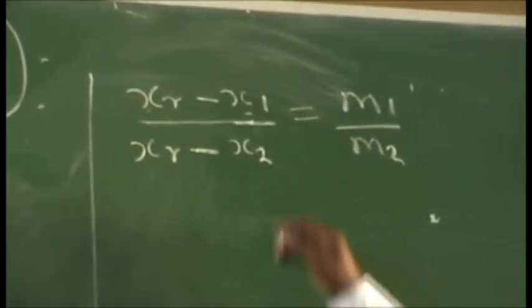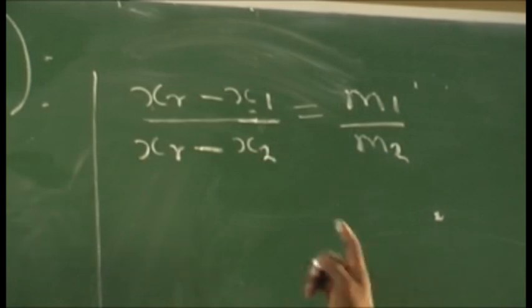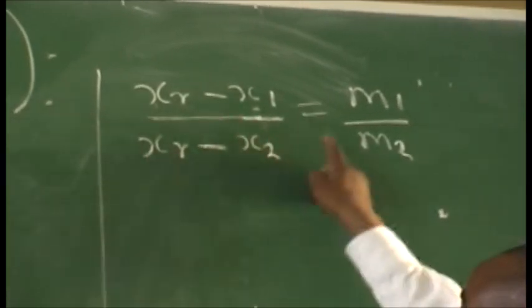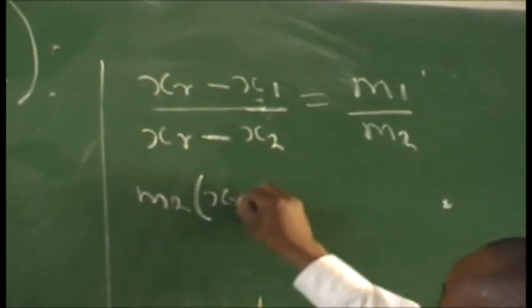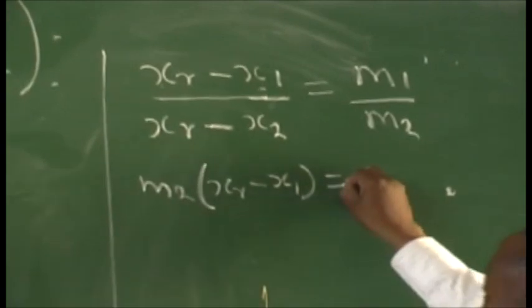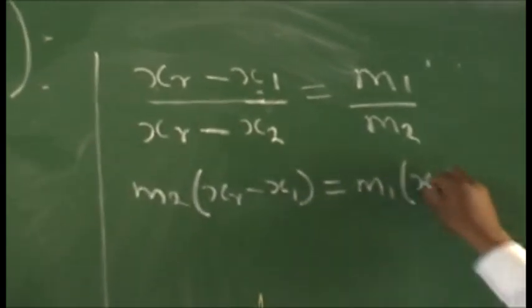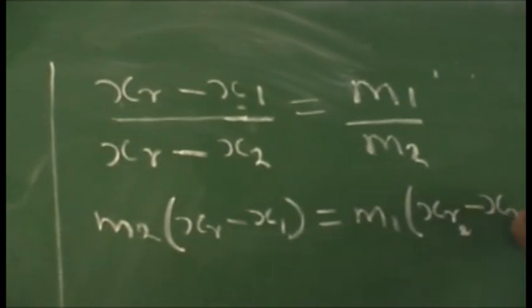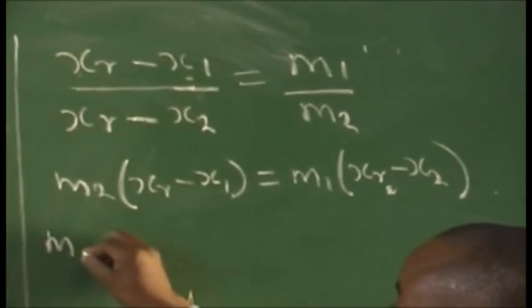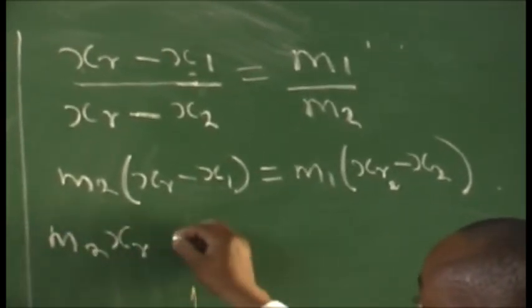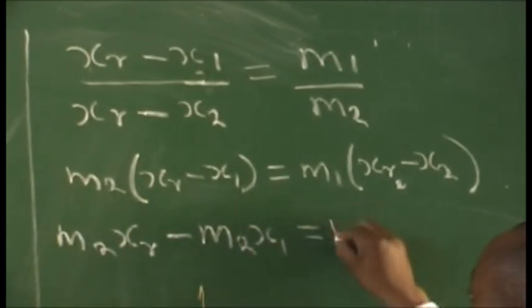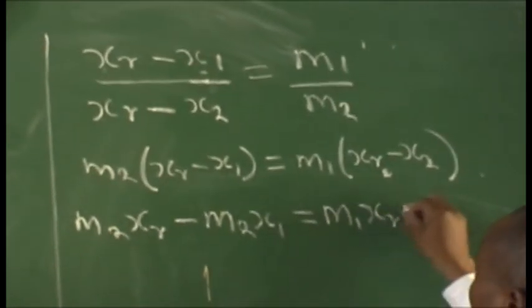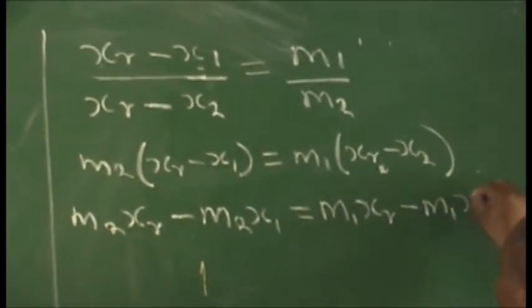Now, if we cross multiply the same way we did for internal, we will have that M2 times XR minus X1 will be equal to M1 times XR minus X2. So if we expand this, we have that M2 XR minus M2 X1 will be equal to M1 XR minus M1 X2.